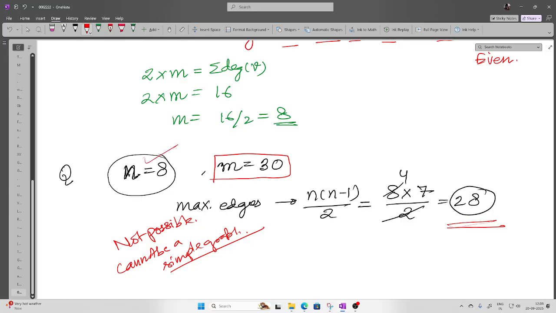And if I am saying that I am having a graph which is simple, and at the same time 30 edges and 8 vertices are there, then that is not possible. So the answer to the question is we cannot have a graph with 8 vertices that is simple and has 30 edges. So that is not possible.